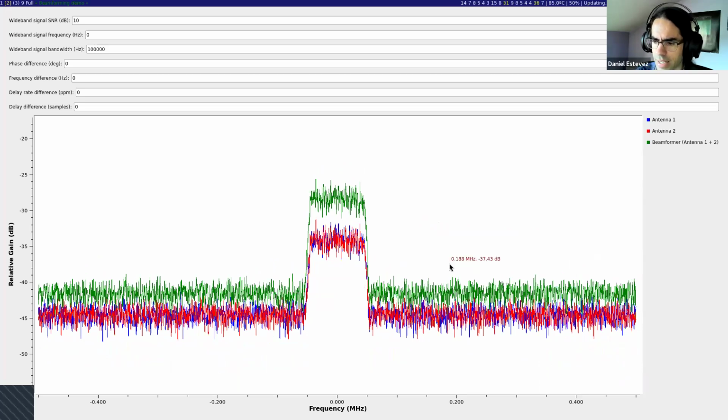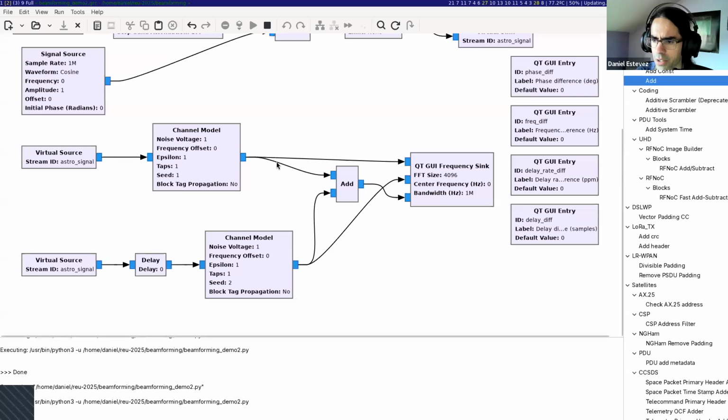And why is that? Well, the reason is we are adding also the noise from the two receivers, but the noise is uncorrelated. And because it is uncorrelated, then when we sum, we are summing two normal random variables. And the result of adding two independent normal random variables is a normal variable with square root of two times as much standard deviation, because the variance adds, but the standard deviation doesn't add.